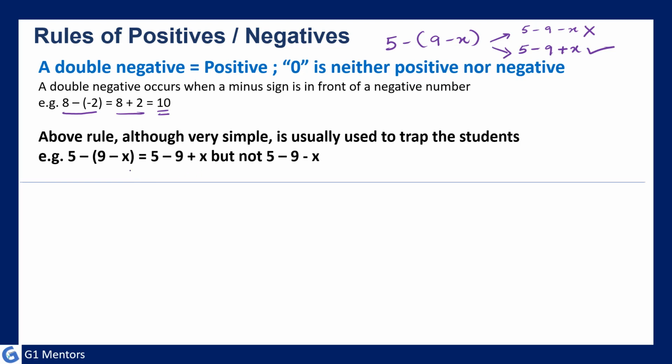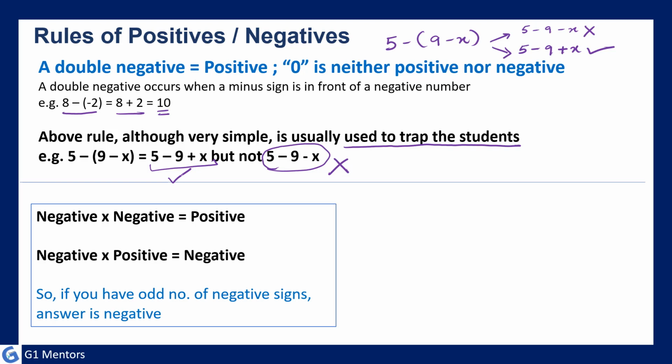So sometimes this rule, although very simple, is used to trap students, because in a hurry they tend to write 5 minus 9 minus x, which is wrong, and the correct simplification is 5 minus 9 plus x.